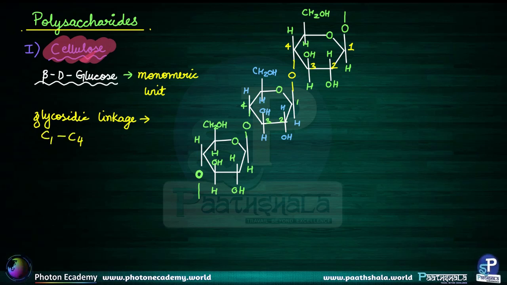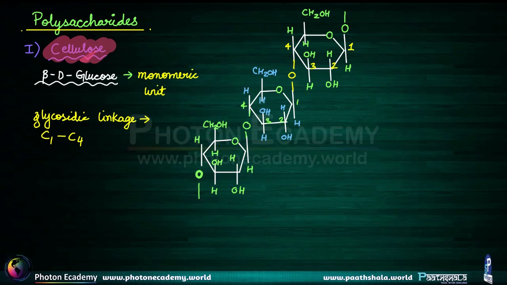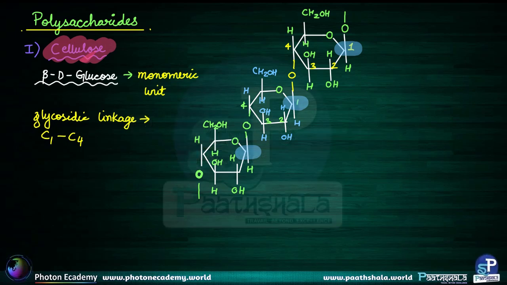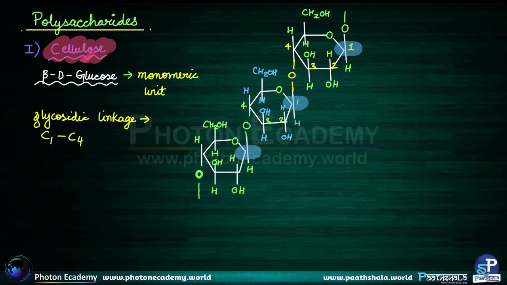Now, since we were talking about the reducing nature, let us see if this cellulose is a reducing sugar or not. We know that the first carbon in each of the beta D glucose was anomeric. Now we can clearly see that the anomeric carbon is destroyed. Also, if this cellulose structure is completed, we get the first carbon of the last unit, the terminal unit, having the anomeric carbon, but it does not contribute much to the structure.